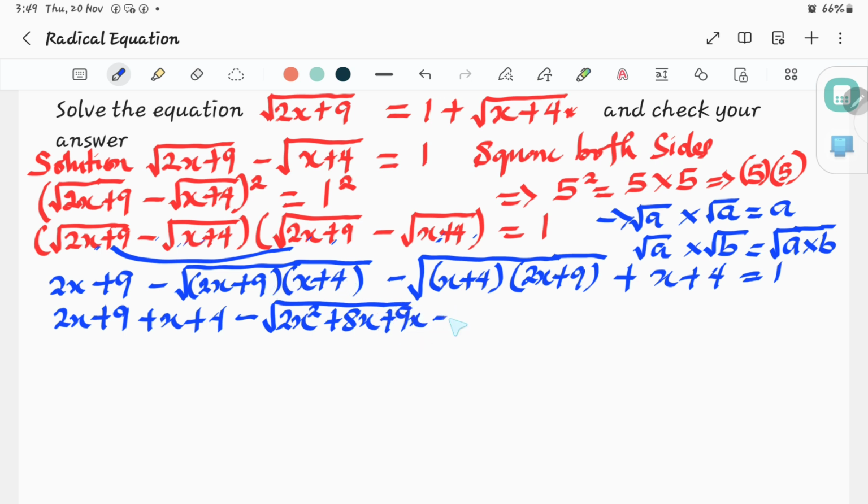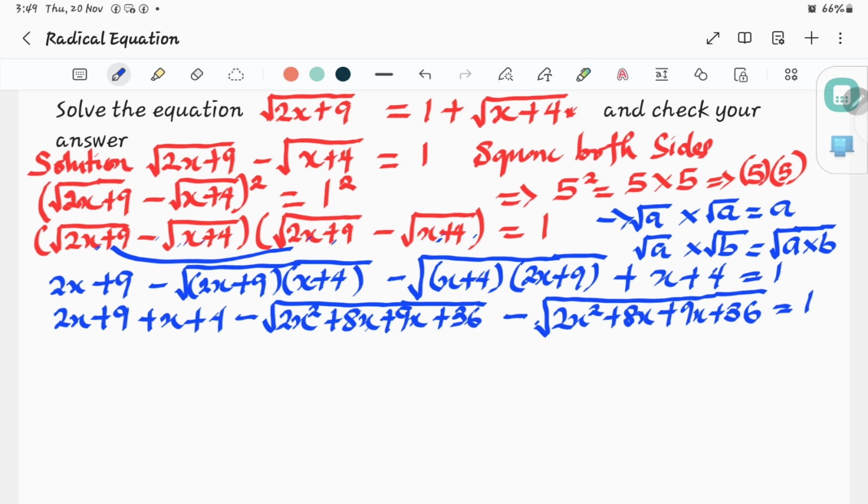And 9 times 4 gives us 36. Now you will notice that what is in these two brackets is the same, so their multiplication will give us the same value. So we can just repeat what we have here as 2x squared plus 8x plus 9x plus 36 equals 1.